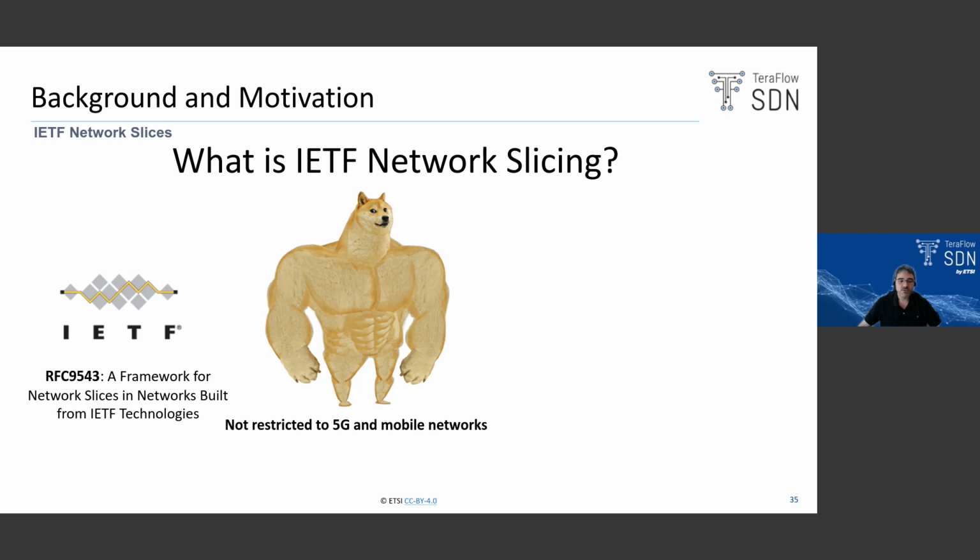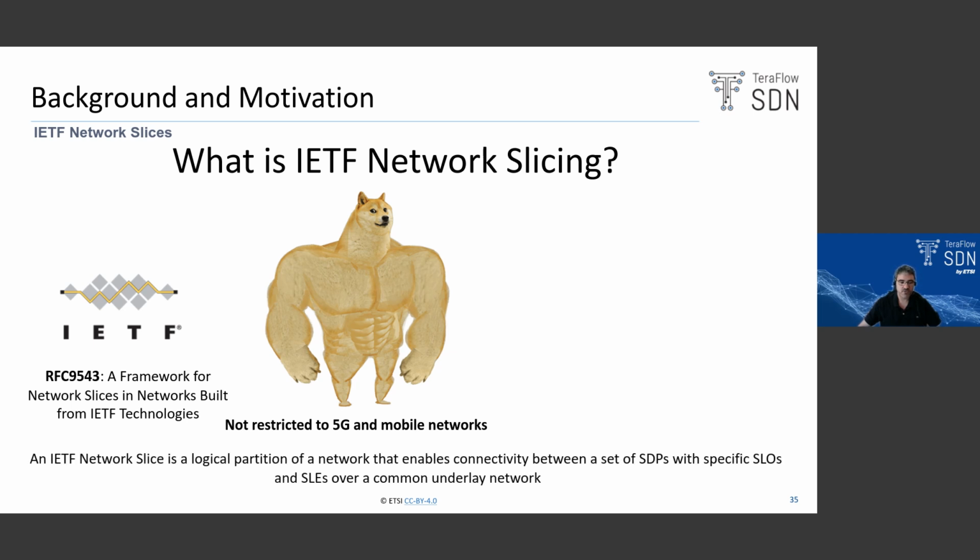The good point is that this framework is not only for 5G and mobile networks, it's something generic, so it's very powerful. We can make use of it for transport networks. And at the end, it defines the network slice as logical partitions of the network that enable the connectivity between a set of service demarcation points with specific service level objectives, expectations, and so on, on top of common underlay networks.